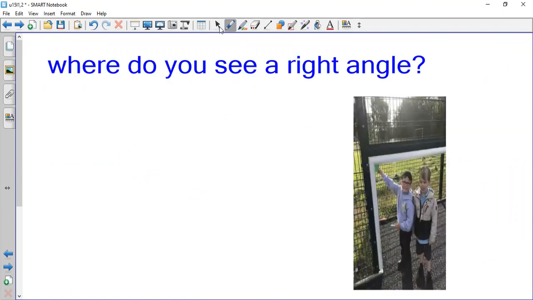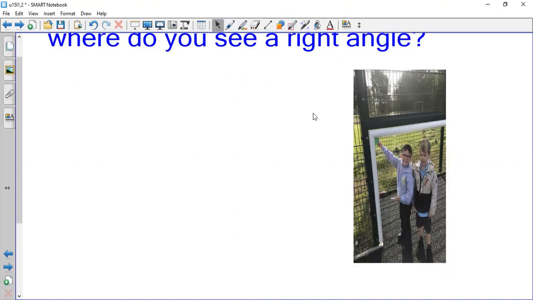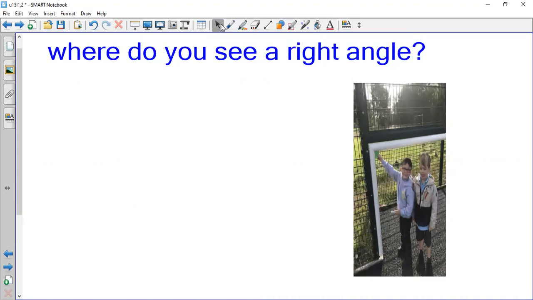But where can we see a right angle? Like in this photo. This corner is exactly a right angle, and when I put a little square here, I say that this corner is a right angle.